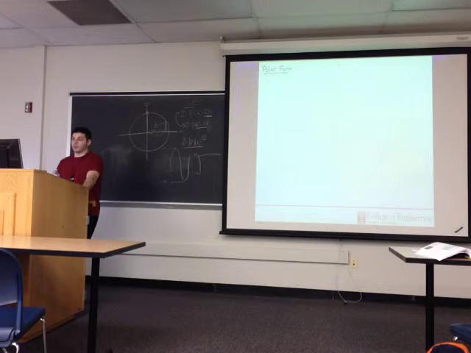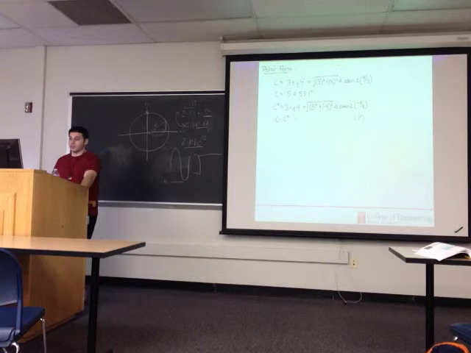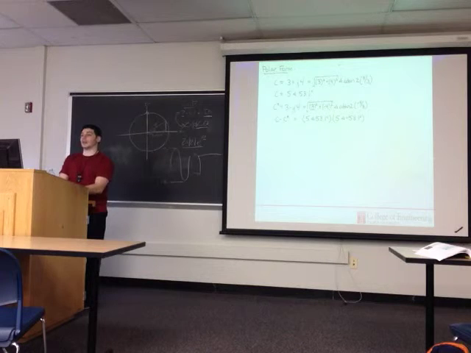So for polar form, we just convert it doing our normal conversions, which gives us that. And now the complex conjugate of this is going to be equal to a negative angle. So in polar form, your complex conjugate is just going to be a negative angle instead of a negative imaginary part.